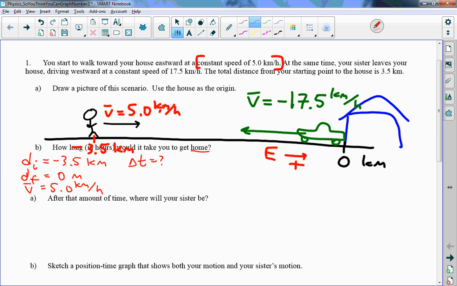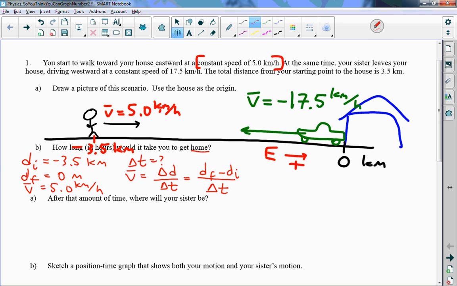So I'm going to use the good old formula. Velocity is displacement over time. Or this time I might use df minus di, remembering to put those in the correct order because that matters.